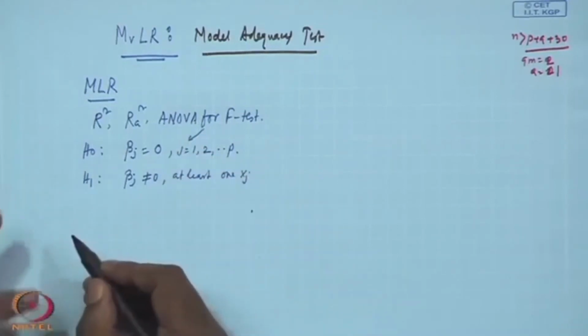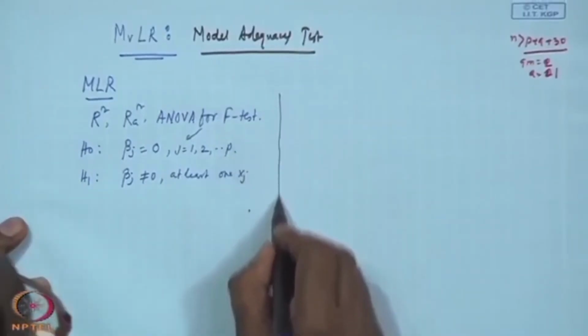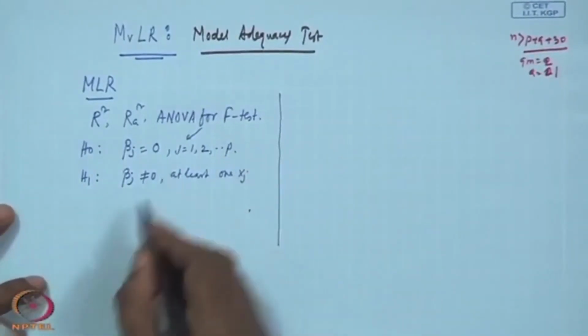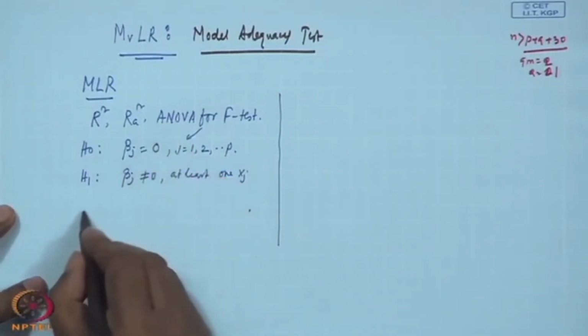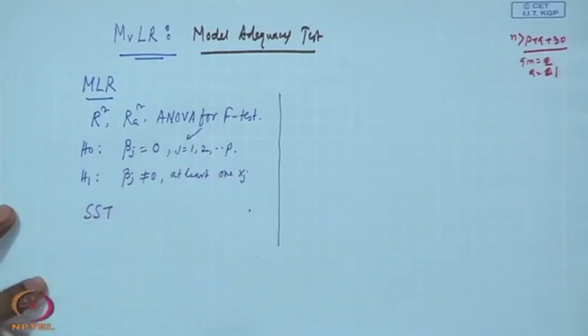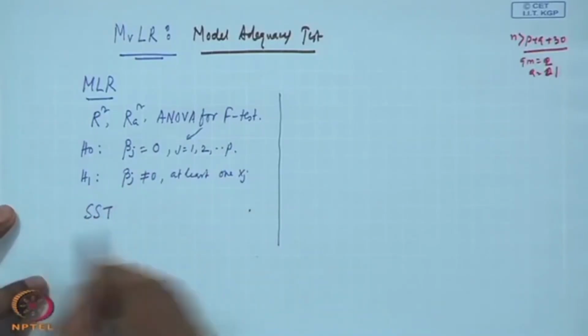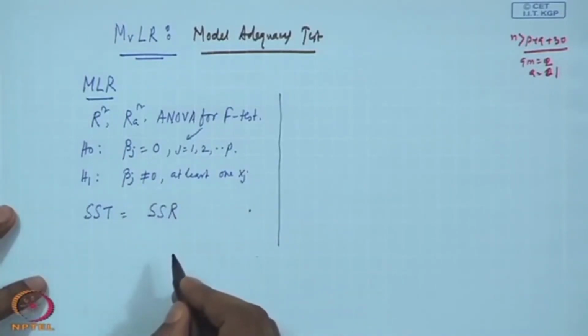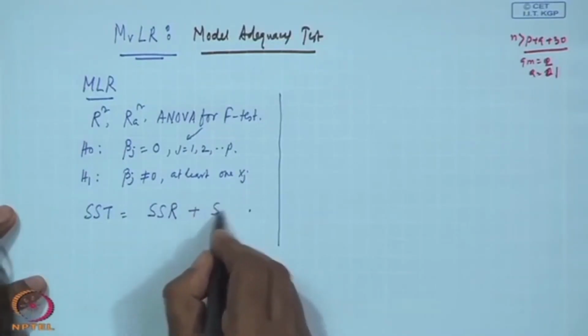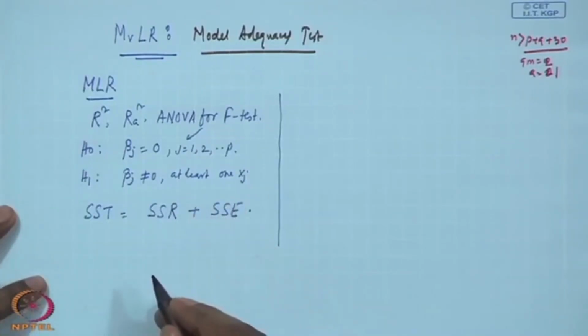Okay. In addition, while preparing the ANOVA table, we have found out that the total sum of squares, or SST, we partitioned into two halves, that is SSR plus SSE.